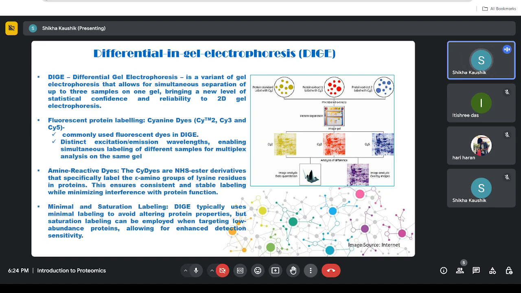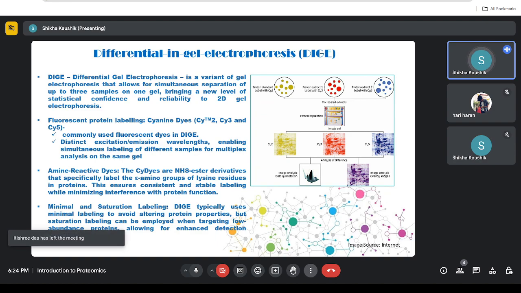I'll talk about this in the complete protocol in the coming slides. But here, you are actually doing a combined study as well. When you're studying a combined effect, it will give you a more clear picture of your analysis.